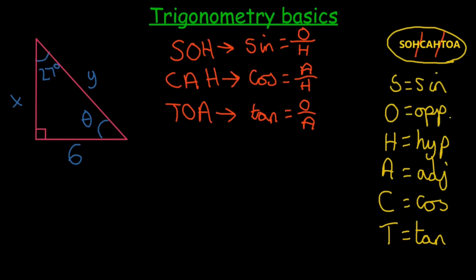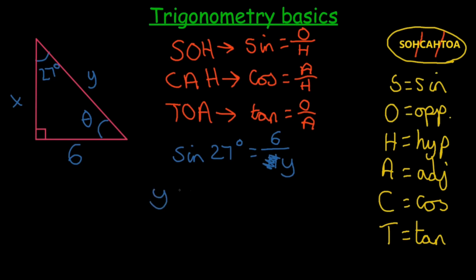To begin with, we have one angle and the opposite side length, so we could use this part here. So we'll say the sine of 27 degrees is equal to the opposite, which is 6, divided by the hypotenuse, which here is y. So we'll call that y.